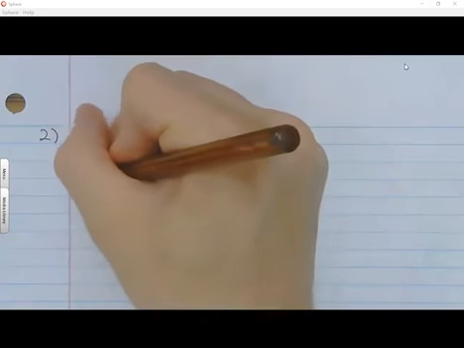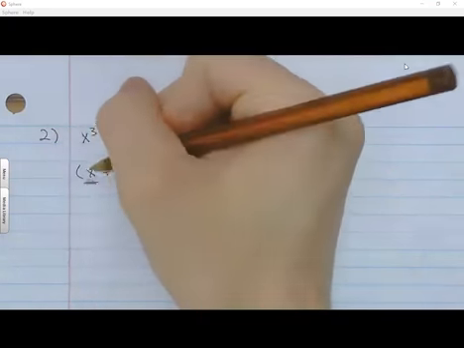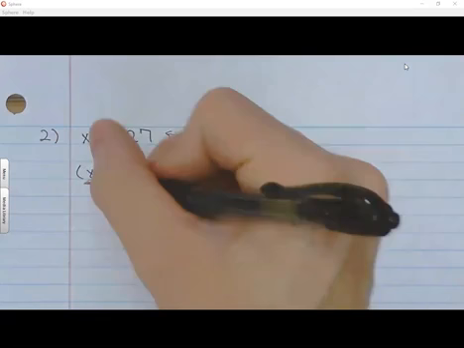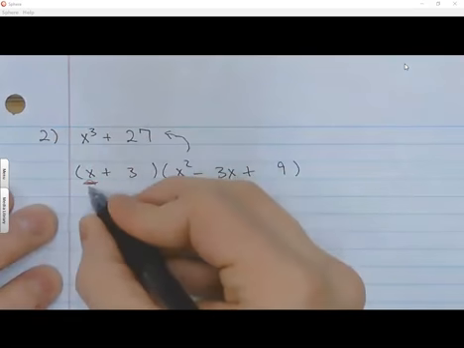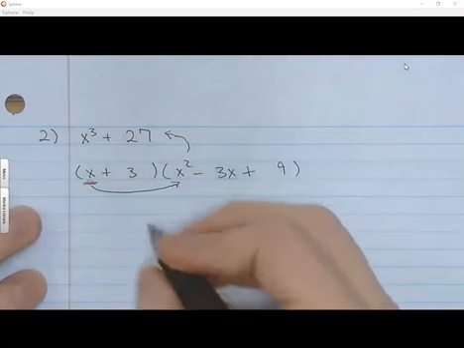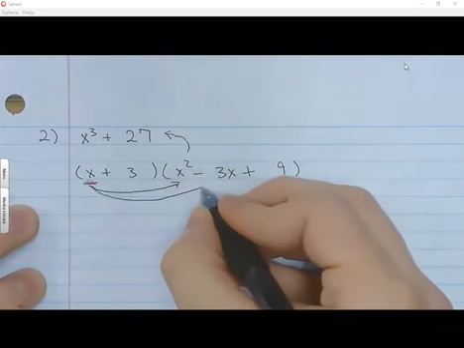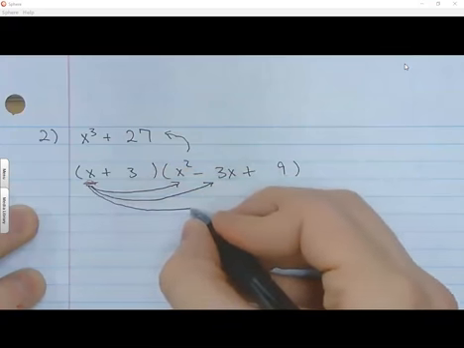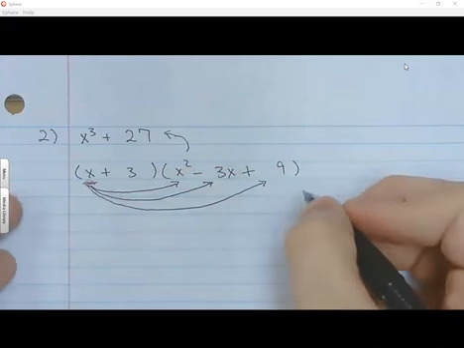I'm going to underline the first term, and I'm going to draw arrows from the first term to every other term in the long factor. So we're going to multiply x times x squared. Then we're going to multiply x by negative 3x. And then we're going to multiply x by that positive 9 right there.